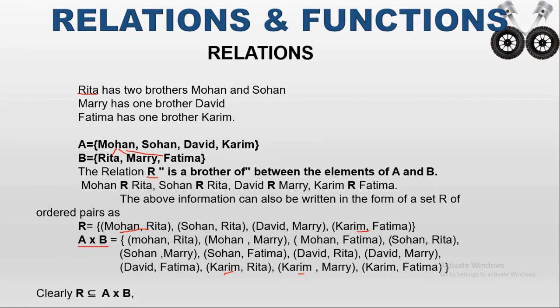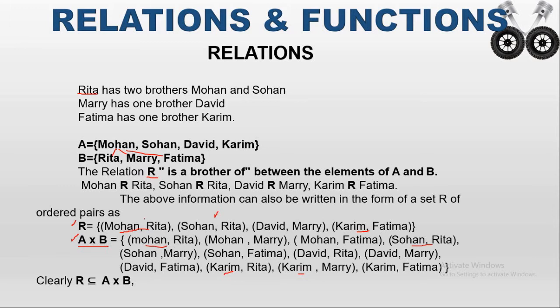Now, from these two sets, the set R and the set A cross B, whatever element is present in R is also present in A cross B. See here, (Mohan, Rita) is here in A cross B. (Sohan, Rita) is also here, the ordered pair is also here.